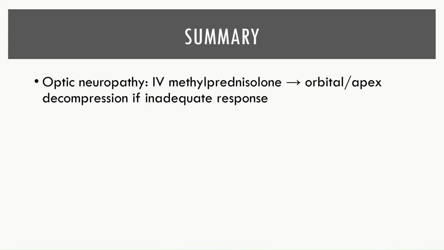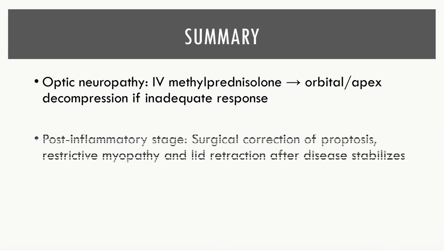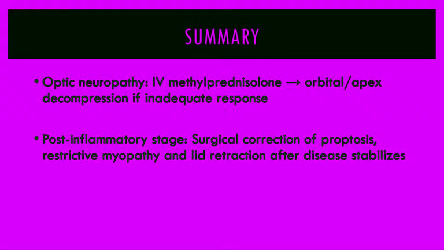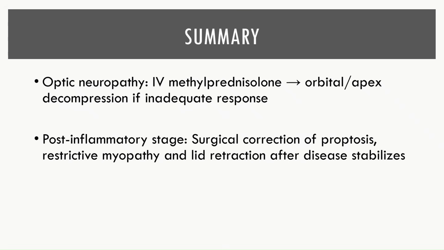Optic neuropathy requires pulsed IV methylprednisolone, and if there is inadequate response, orbital or apex decompression can be considered. In the post-inflammatory stage, surgical correction of proptosis, restrictive myopathy, and lid retraction can be considered.